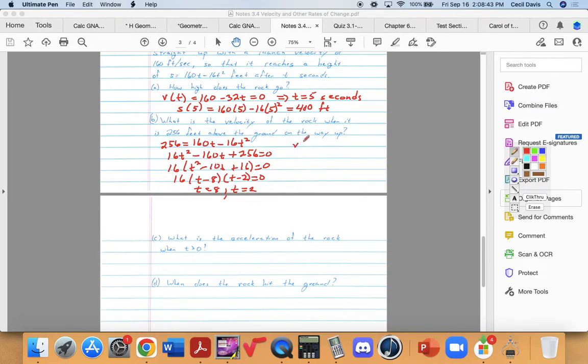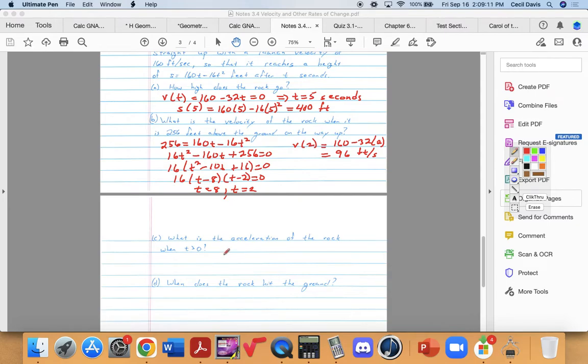So the velocity at time 2 is 160 minus 32 times 2, which is 160 minus 64, so that's 96 feet per second. Makes sense, its velocity is positive, it's on its way up.